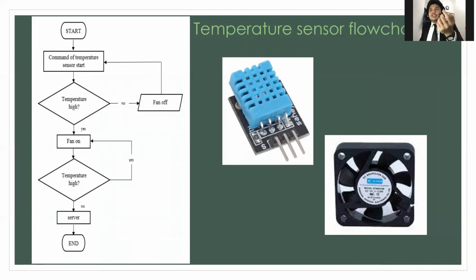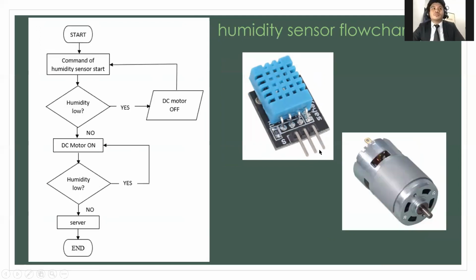If the temperature sensor finds that the temperature exceeds the predetermined limit, the sensor will send a signal to the microcontroller to activate the exhaust and draw out the hot air present in the greenhouse. The fan will continue to operate until the sensor gets a low reading. If the temperature sensor gets a standard reading, the exhaust fan will stop running.